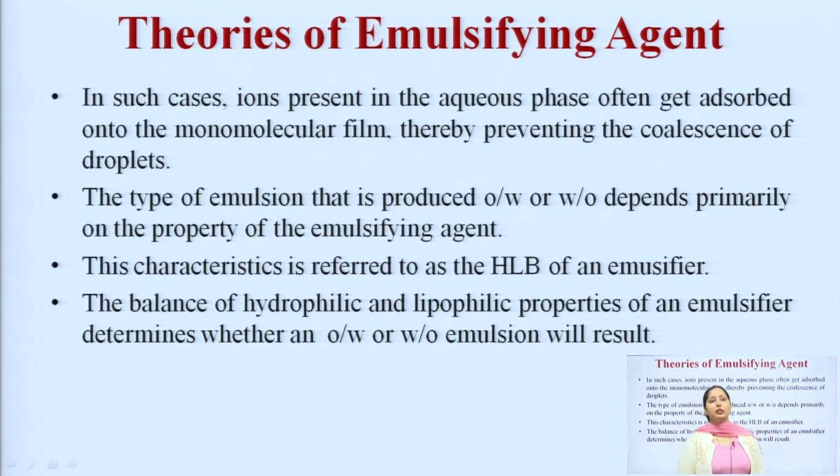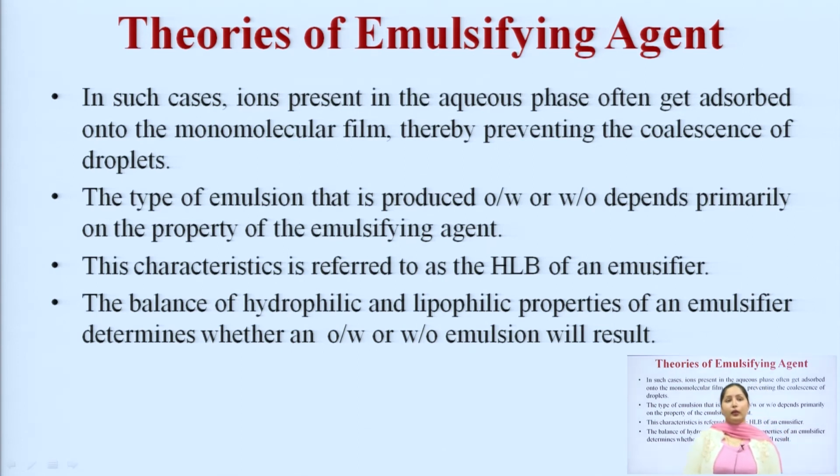The type of emulsion that is produced, oil in water or water in oil, depends primarily on the property of the emulsifying agent. We have already discussed in the previous chapter that the type of emulsion that forms depends upon the nature of the emulsifying agent. This characteristic is referred to as the HLB of an emulsifier.